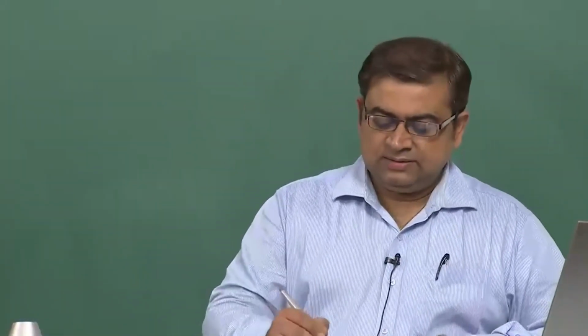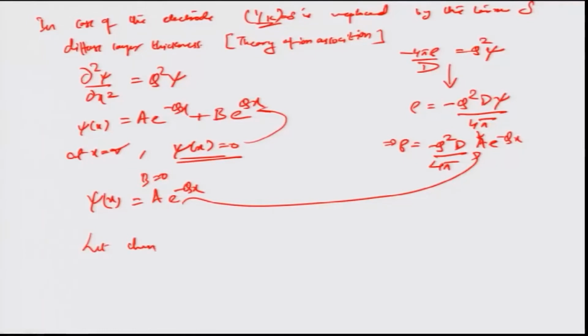So here let the charge density on the surface of the electrode be recorded as sigma per unit area.